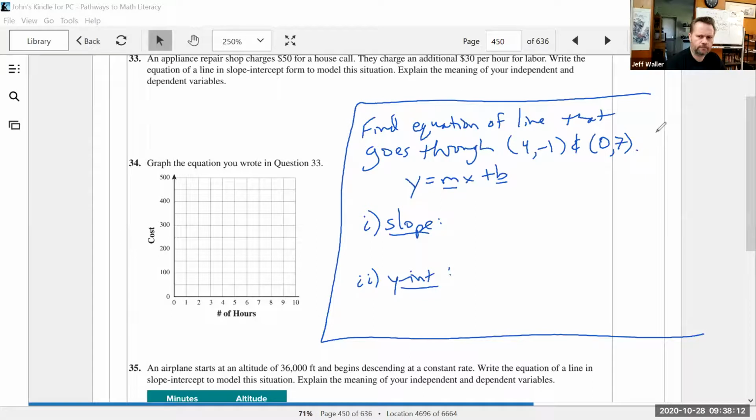Yeah, (0, 7). So what's the value of b? 7, done, right? All b is, is the y piece of the y-intercept. That's all b is. How do I find the slope?